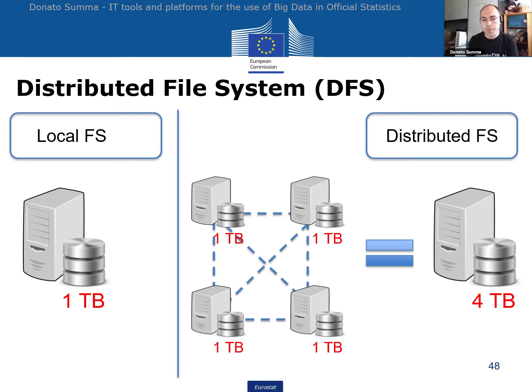And if we sum up all the storage, we have basically, from a virtual point of view, one single machine with a storage that is the sum of all the storage of the computers that are in the distributed system.